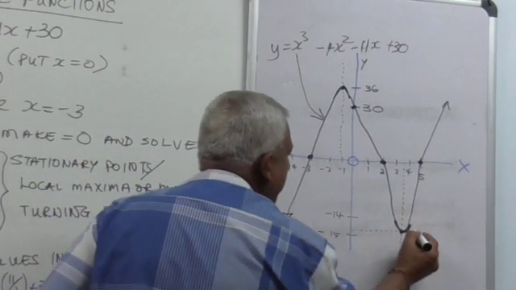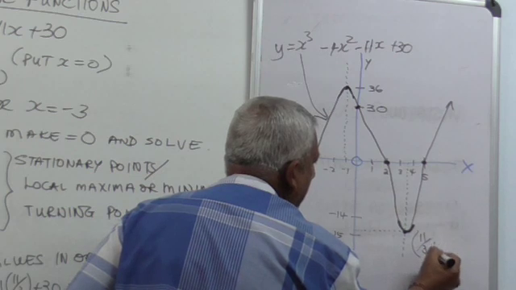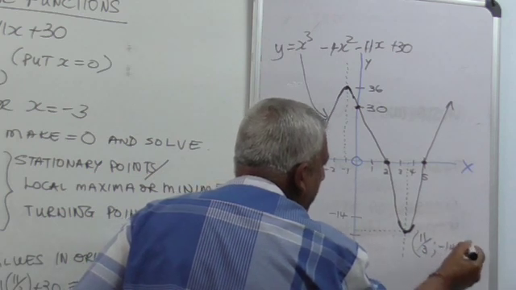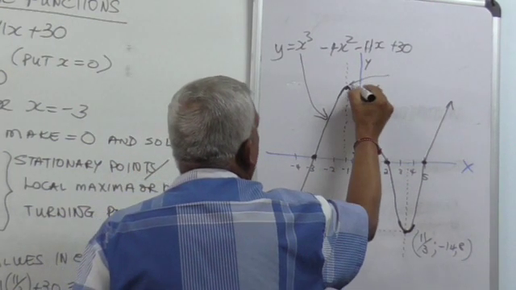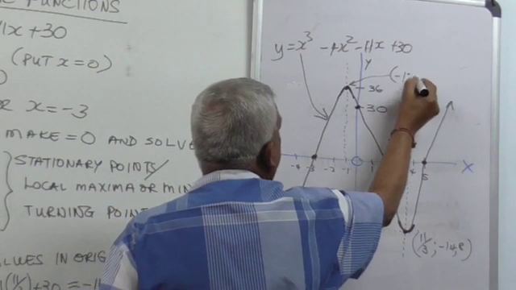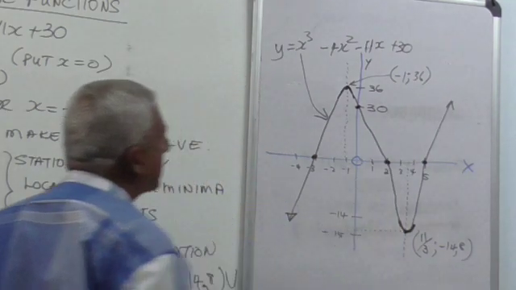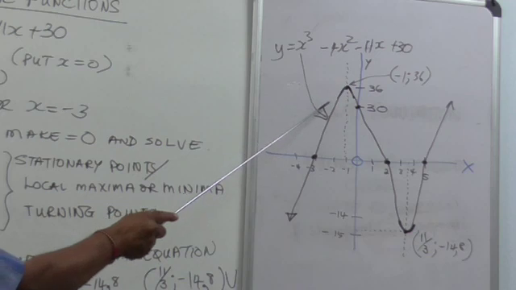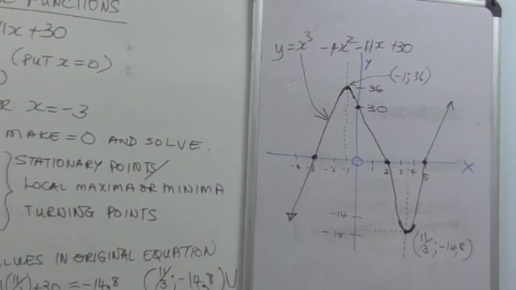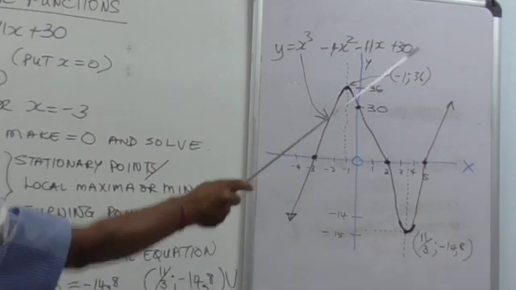This is actually 11 over 3, minus 14,8, and this one is actually negative 1, 36. It's important to write those down there. And then you know that the graph takes the shapes there, and then just join them and get the full shape.